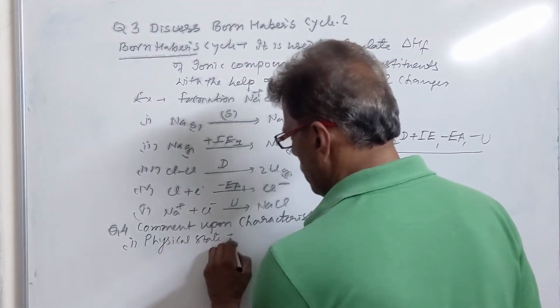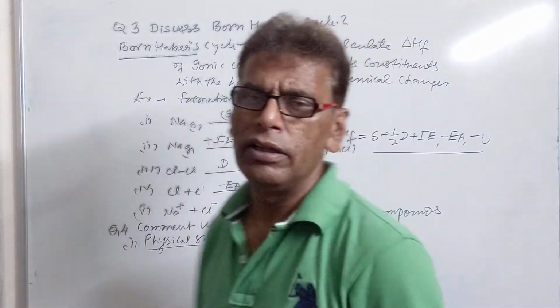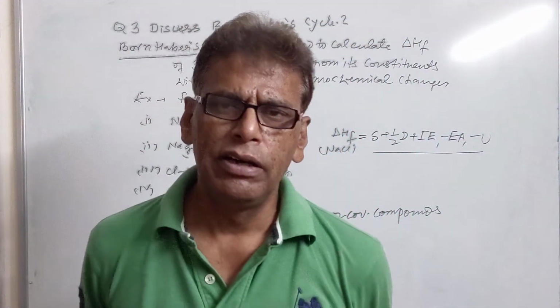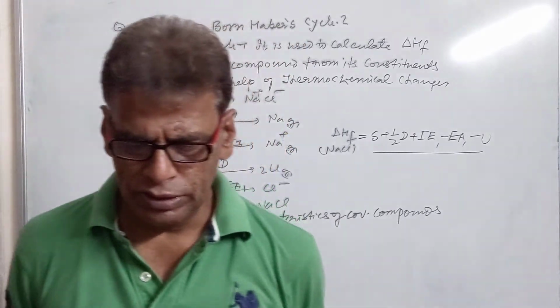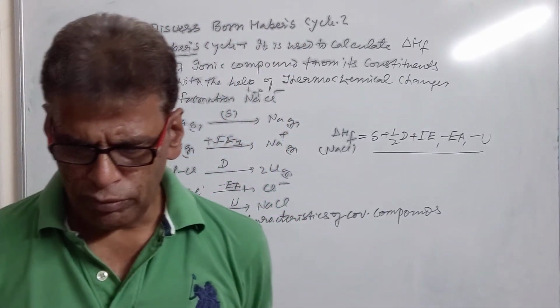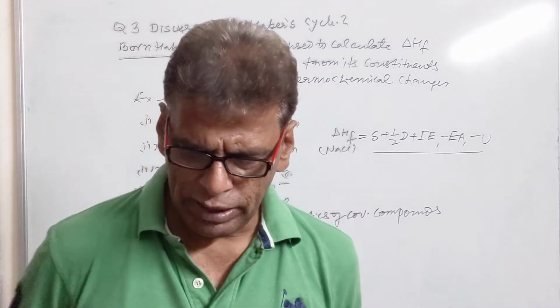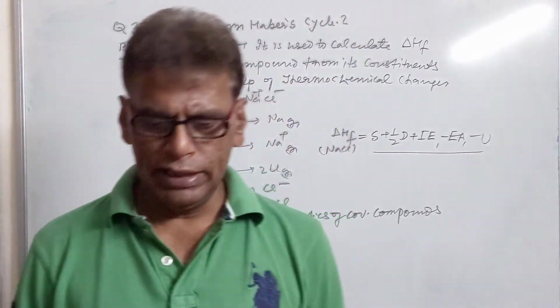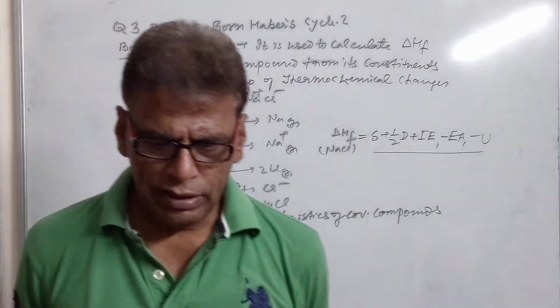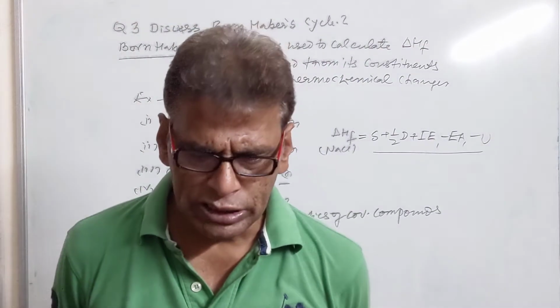Most covalent compounds exist either in the liquid state or in the gaseous state due to weak van der Waals forces. Sometimes they are solid, if the van der Waals force becomes strong. So their physical state is generally liquid or gaseous, and sometimes they exist in the solid state.